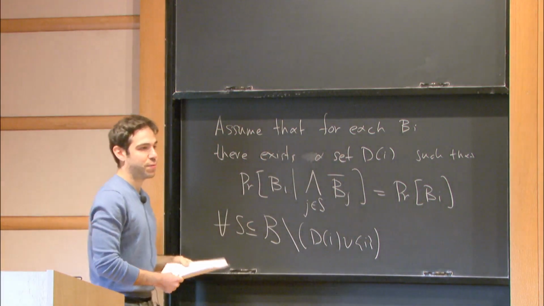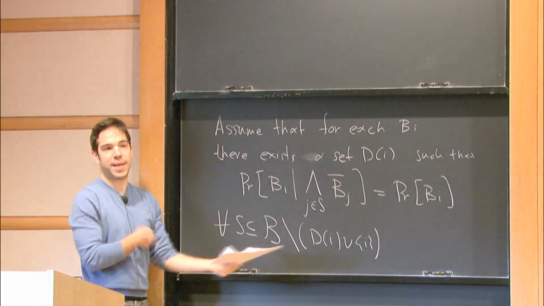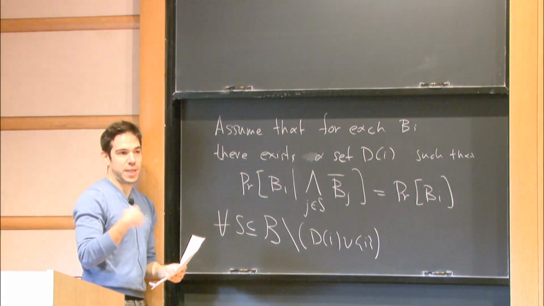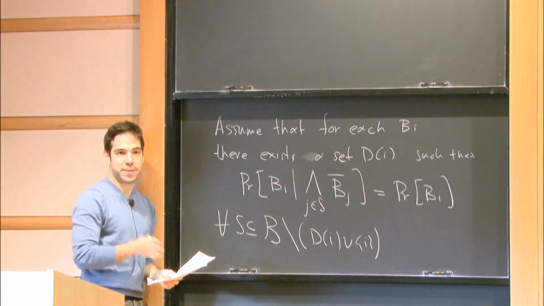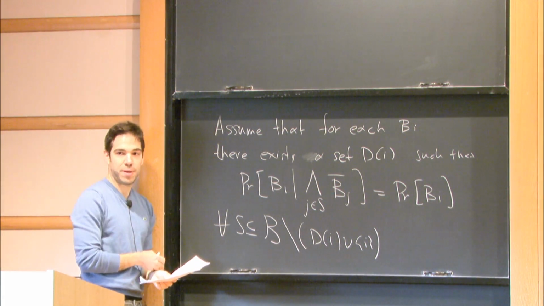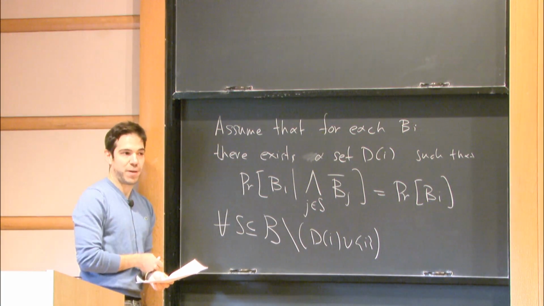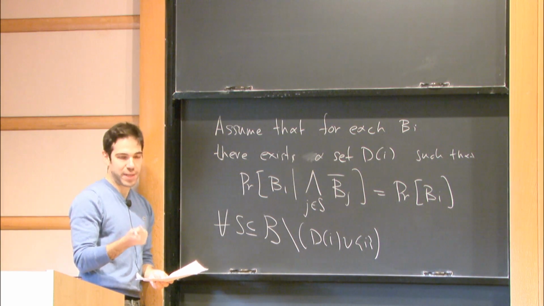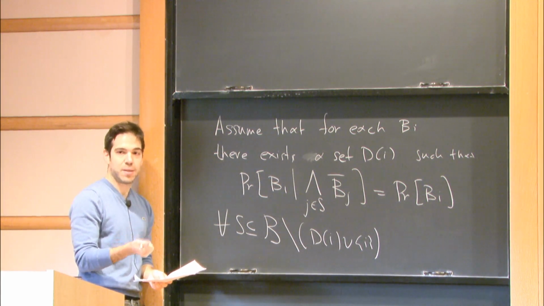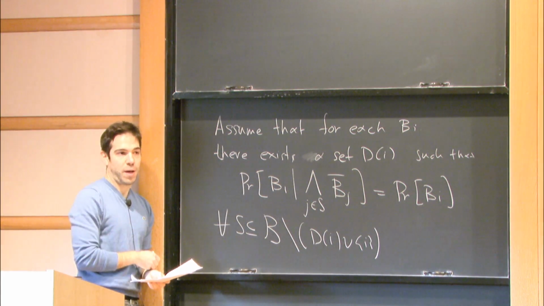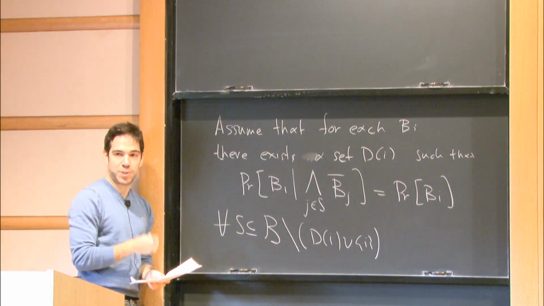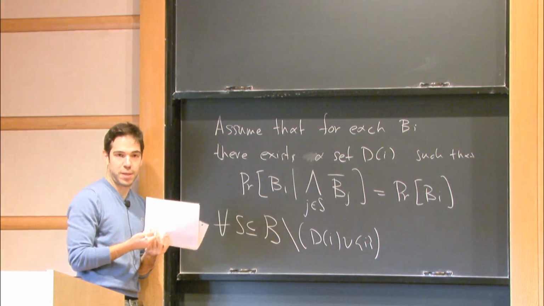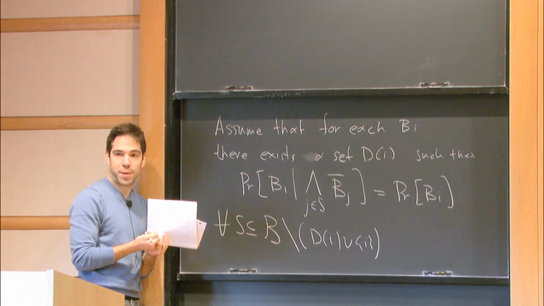So for example, again, in the k-CNF example, if your probability space is uniform over the binary cube, and you have one bad event for each clause, then each clause's bad event is mutually independent from all the other ones that correspond to clauses that do not share variables with that clause.